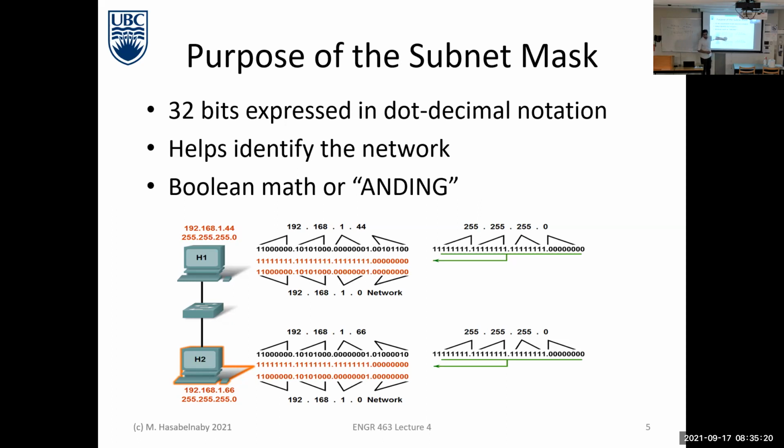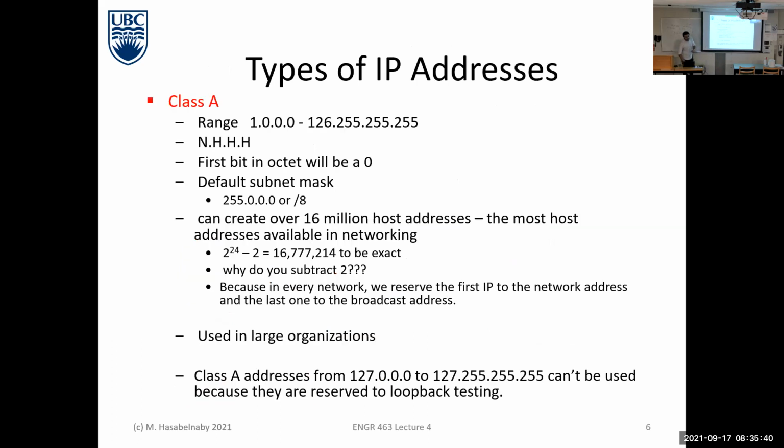In other examples, as in our previous example, the first 2 octets were the network part, and the 3rd and the 4th were the host part. It depends on the IP class, as we will see in our next slide.